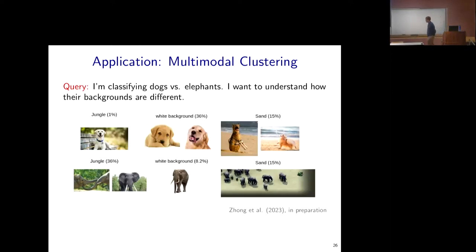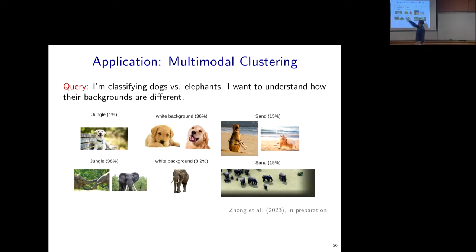So here's just one cool example use case. Say I have this data set of images. I'm classifying dogs versus elephants, and I want to understand how their backgrounds are different. So it will try to find clusters where the proportion of dogs versus elephants is very different in each cluster.